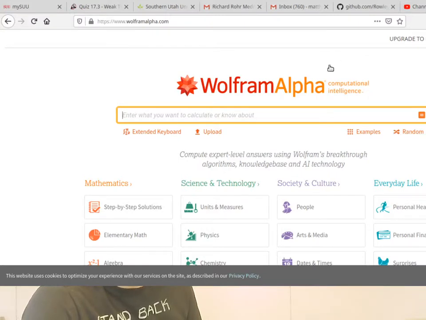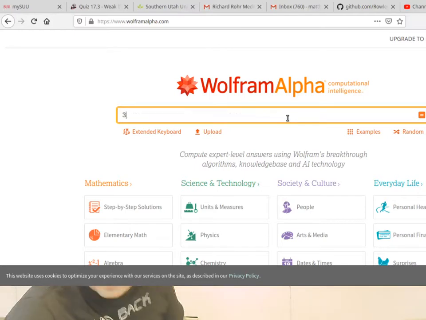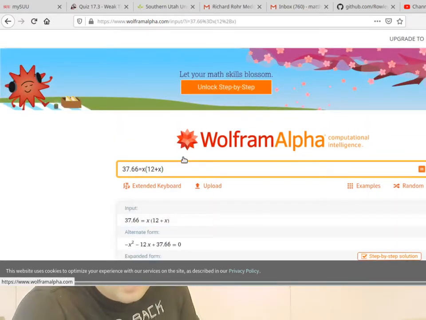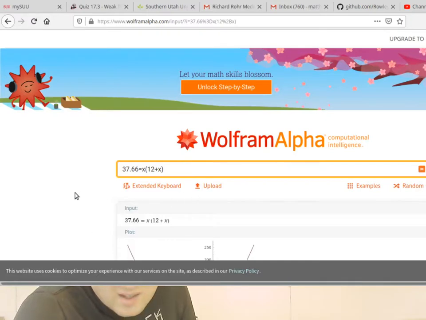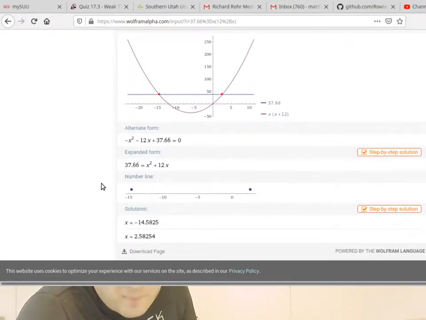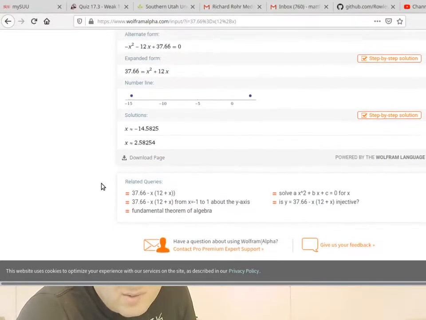So here I am at Wolfram Alpha, and I'll just put that formula in. 37.66 is equal to x times 12 plus x, and we'll see what sort of values we get. There we are.